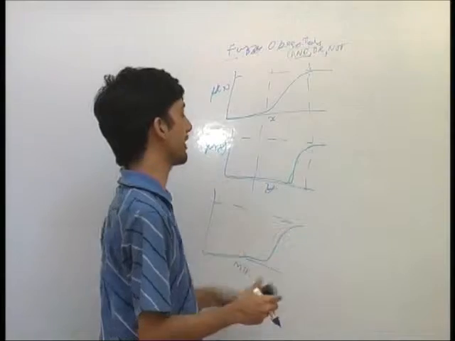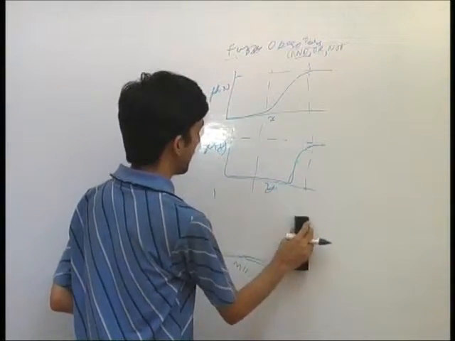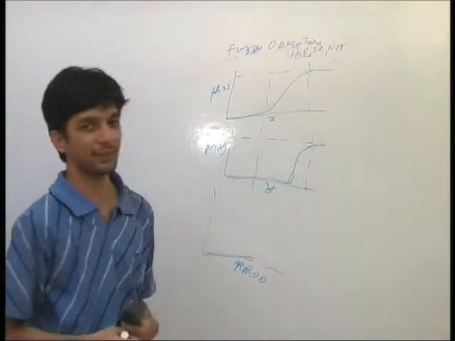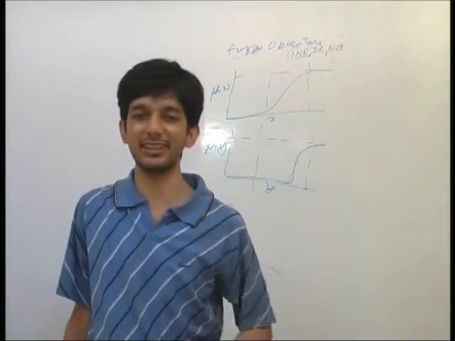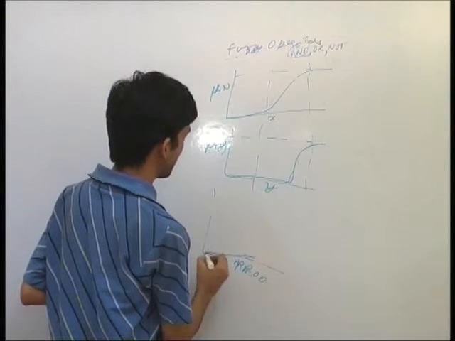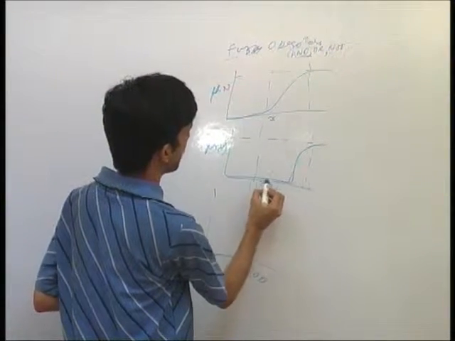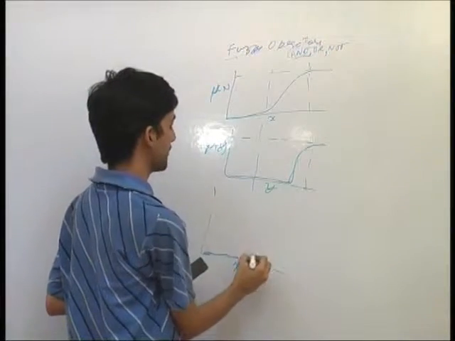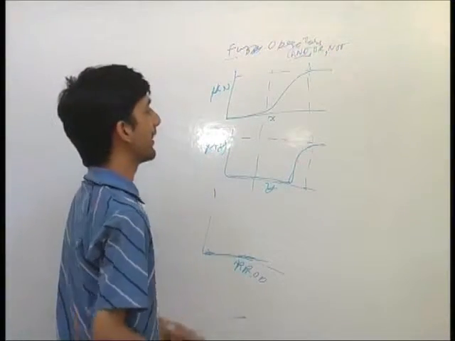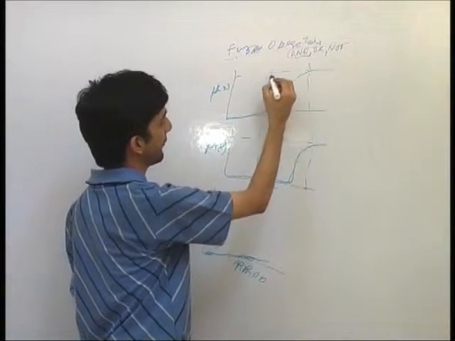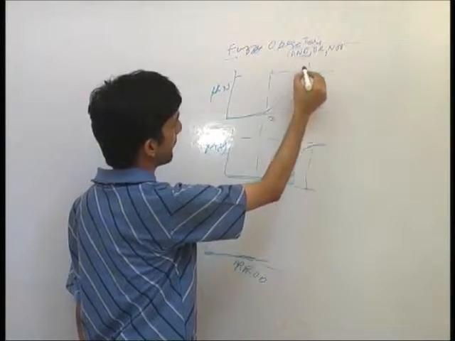If I take the product operation, the graph will be slightly different. 0 into 0 will be nothing but 0, so till this value the operation is almost 0. Now I have two membership values to multiply when I come after this region.